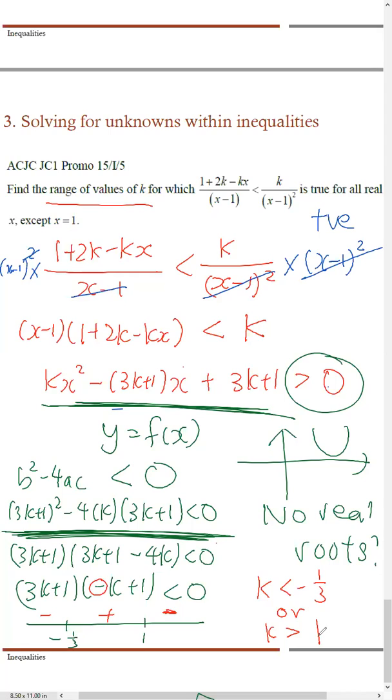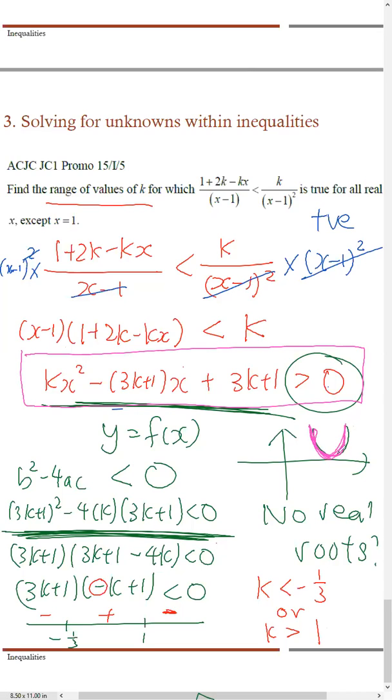Okay. So is there any other condition that we need to have over here? Let me see. Okay. So there's actually a hidden condition, because if you look back at this inequality here, we say that in order for this to be more than 0, it must be in this shape.